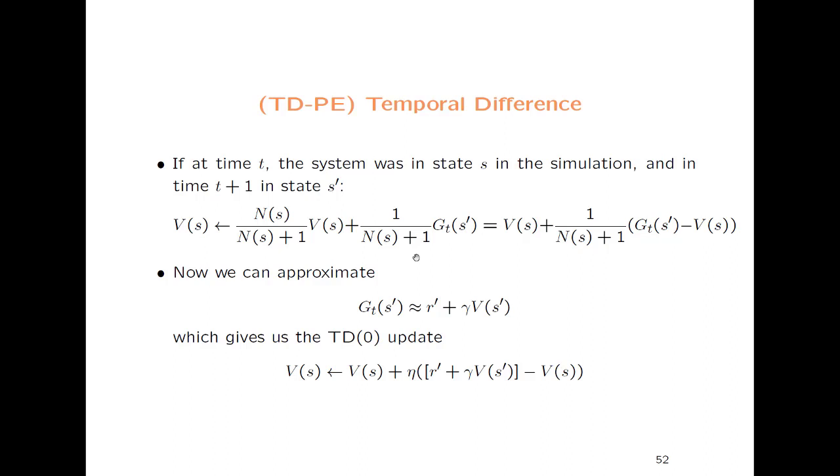And now we approximate this return here as the actual return plus gamma times the value function of s prime. So we can write this update here as: the new V(s) is the old V(s) plus the learning rate eta times r prime plus gamma times the value function of s prime minus the value function of s.